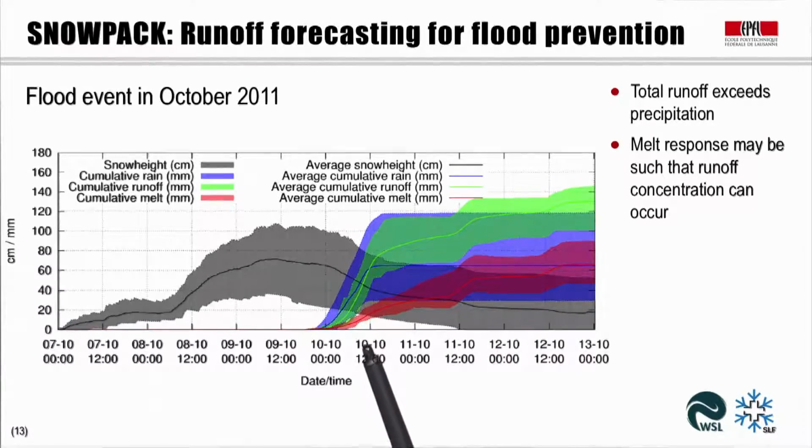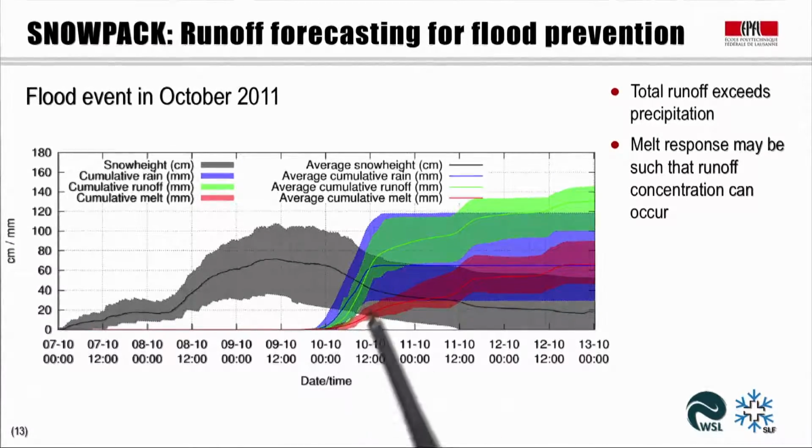And then the cumulative runoff that has been produced by the combined effect of snow melt and of this rain input. First of all, it is important to realize that if rain falls into snow cover, the snow cover will first retain some of the water. But as time goes on and as melt becomes more vigorous, the total water released by the snow cover may exceed the particular rain amounts.